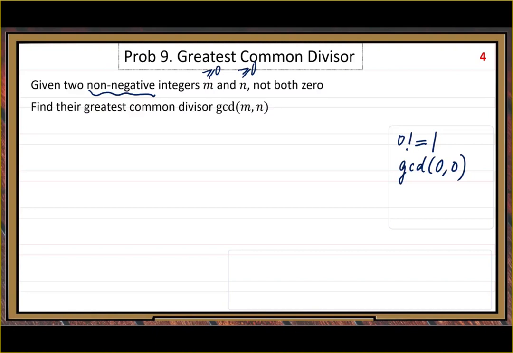All right. Question: find their greatest common divisor, GCD of m, n. That's the question. We want to solve this question twice, method 1 and method 2, and we can learn a lot from these two methods.